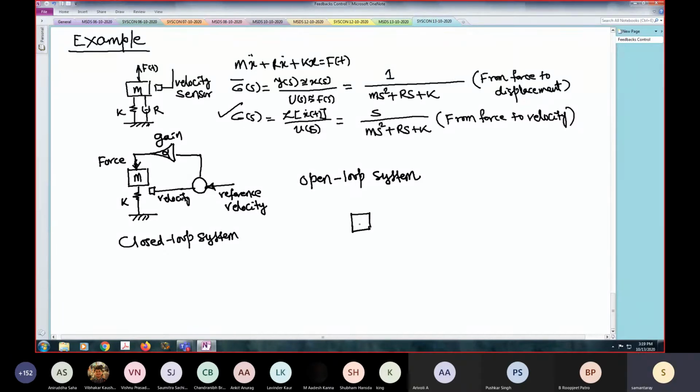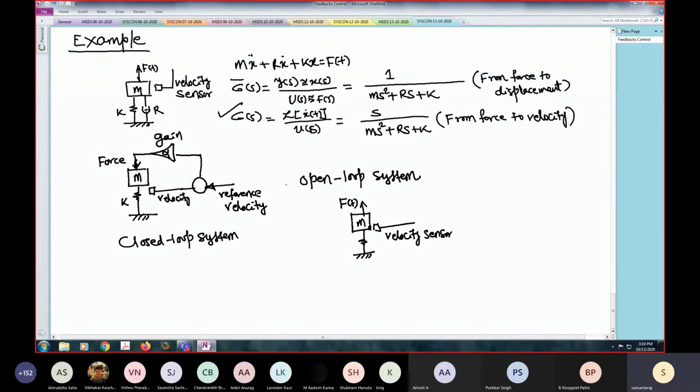For open loop, we will remove all the controller part. We have spring, we have velocity sensor, we have force F(t).